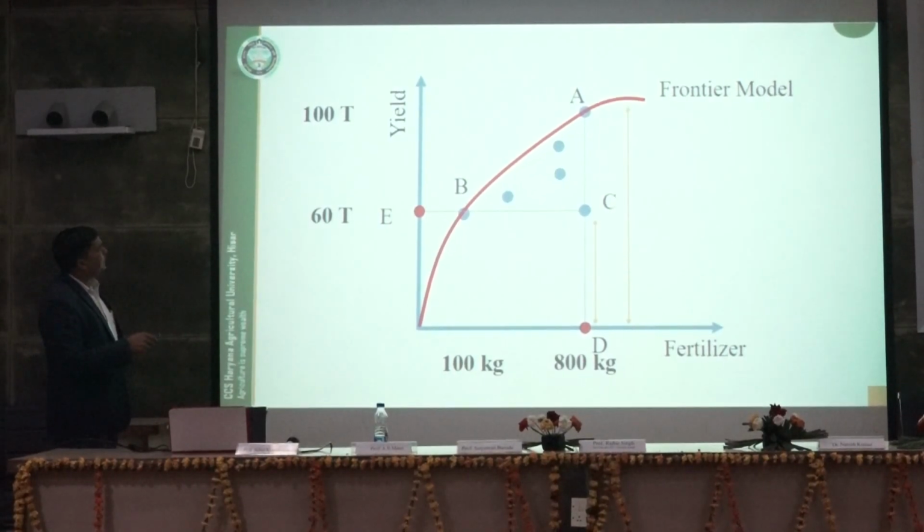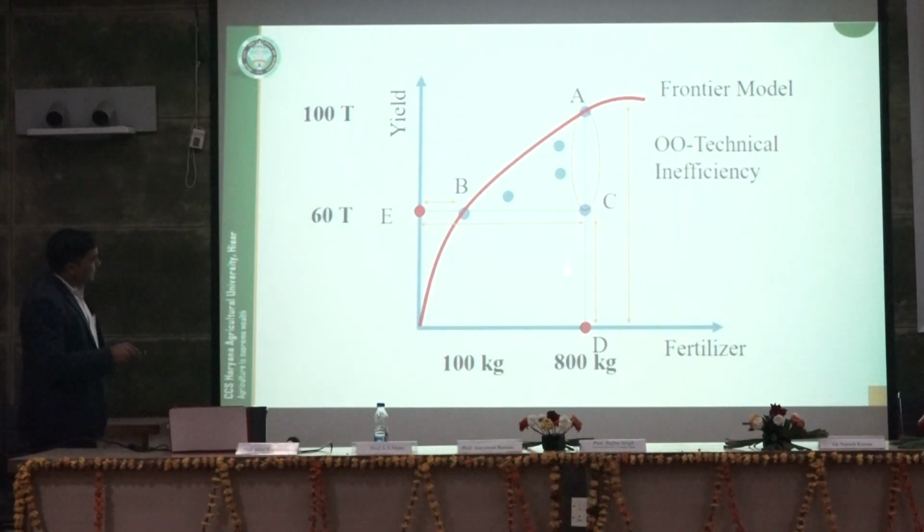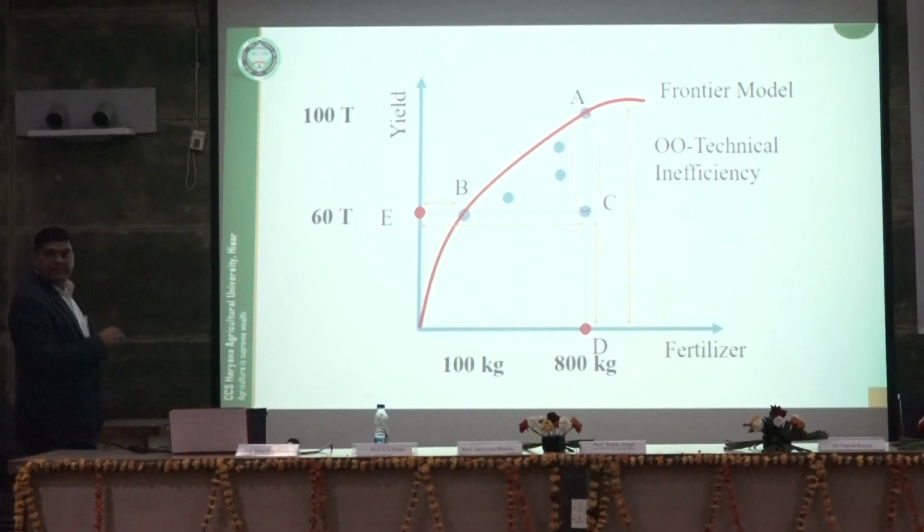For example, this one is 60 tons at 800 kg of fertilizer.